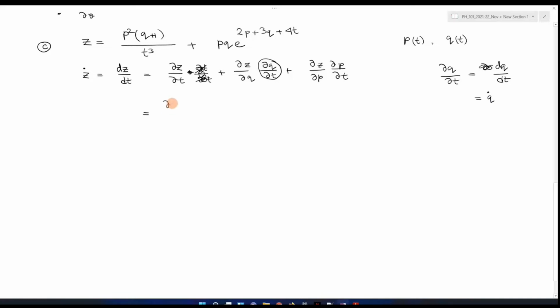So you will have del z by del t plus del z by del q q dot plus del z by del p p dot. It's fine. Now you know how to find del z by del t, del z by del q, and del z by del p. So this is how you have to find any total derivative.